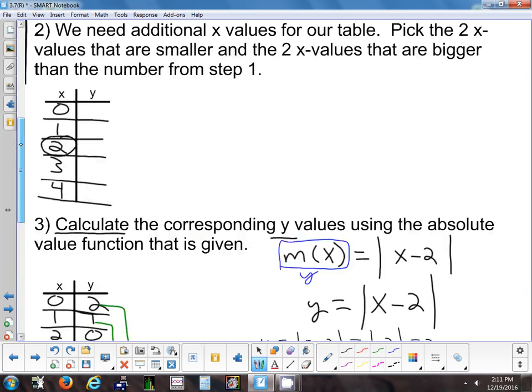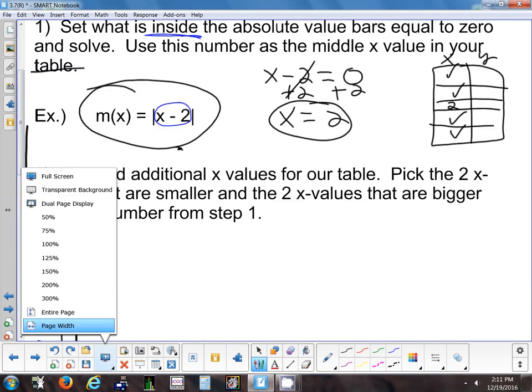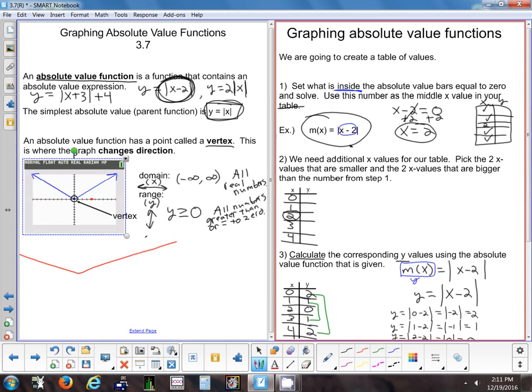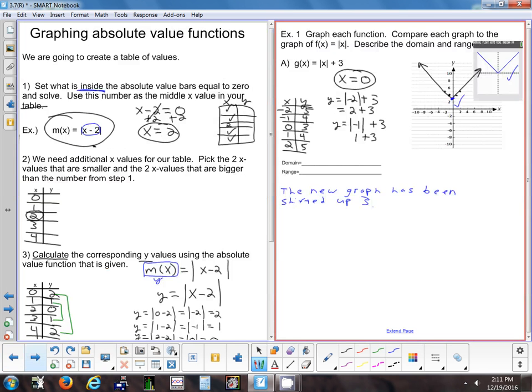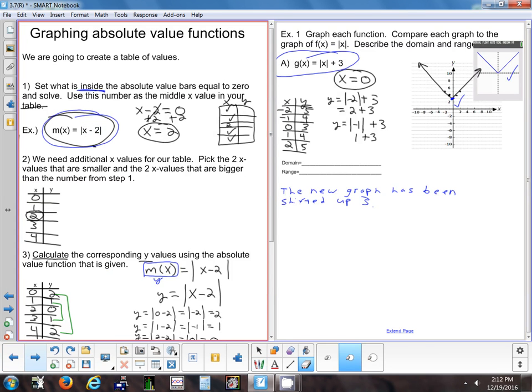Does anybody notice a difference between, see if I can put them on the board at the same time, this problem and this problem? One of them moved left and right, one of them moved up and down. Does anybody see why one did one and one did the other?